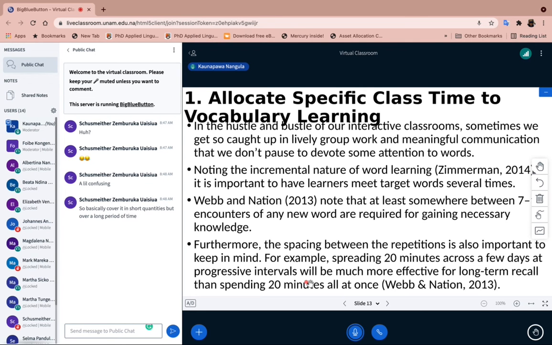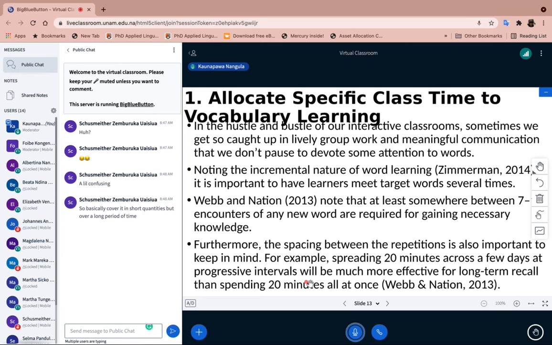The learners need to meet this word many times for a short period of time. Many times, which means not only in one day, but over several days. Is that simpler? Rather than just saying, okay, in this class, we are spending 45 minutes on these words, and that's it, you never meet these words again.